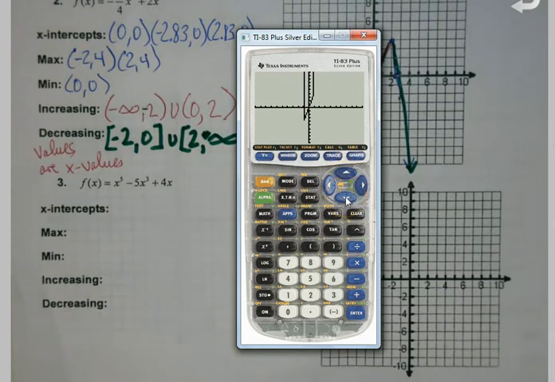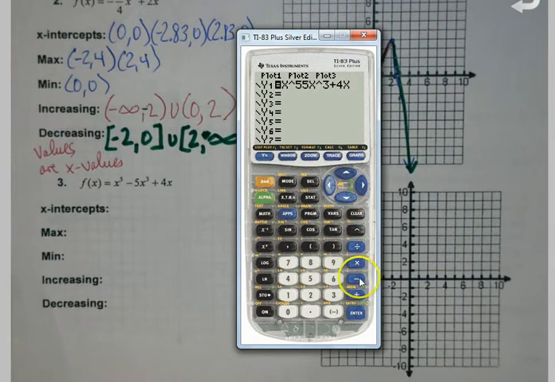Now that one, that kind of looks funky. Because if I were to take a peek at this one, let me make sure I typed everything. Oh no, that's why that looks weird. I have no minus sign on there. That doesn't look like the graph I was expecting.